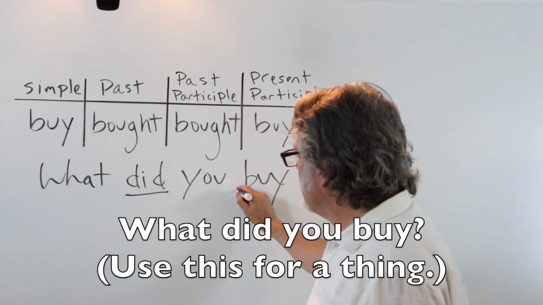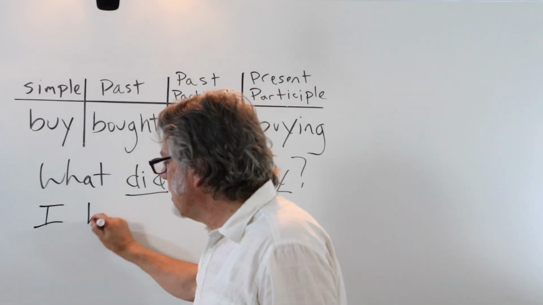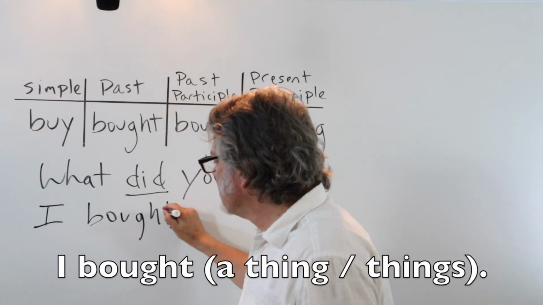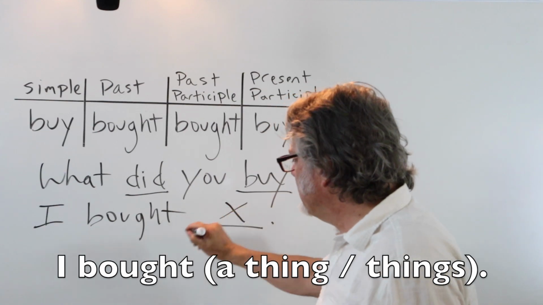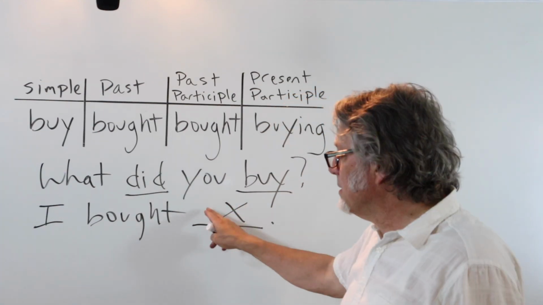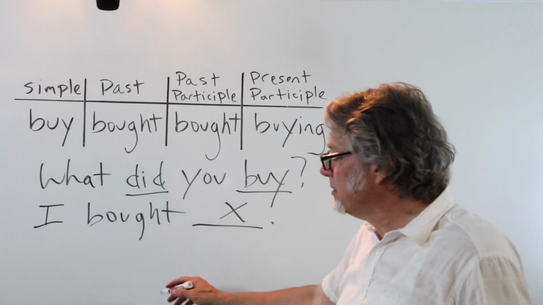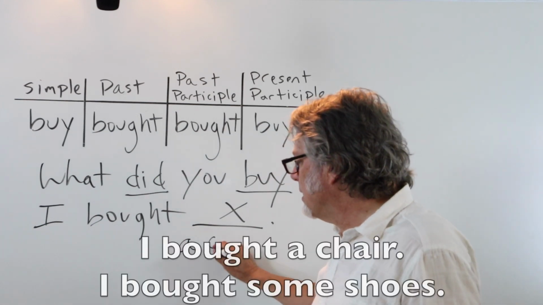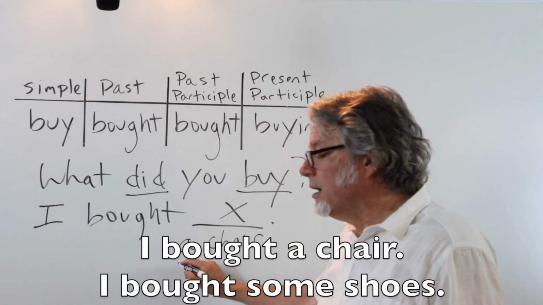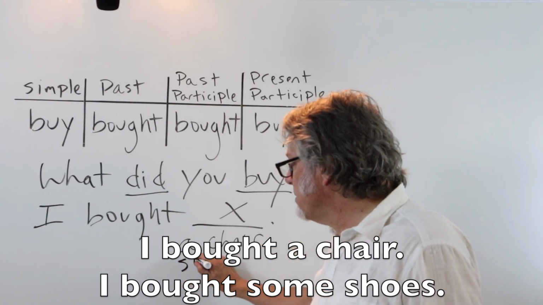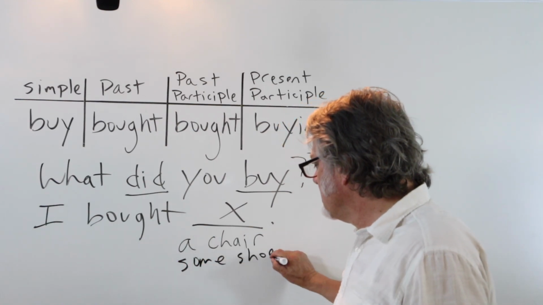Here's the helping verb. Here's the main verb. I bought. And then here is the thing. This is the thing that you bought. I bought a chair. I bought some shoes.